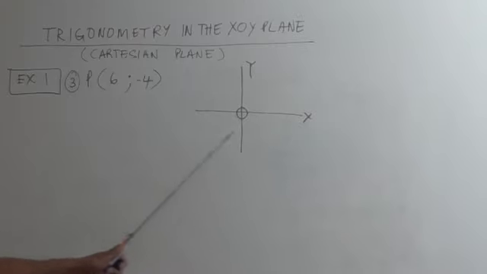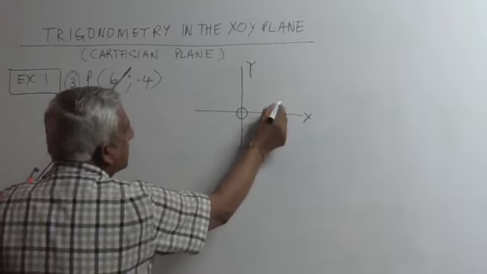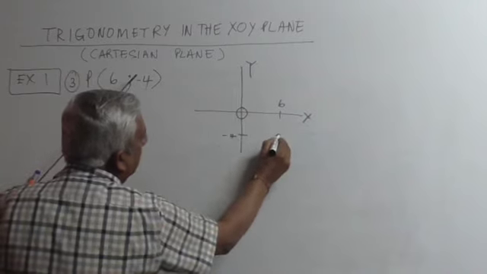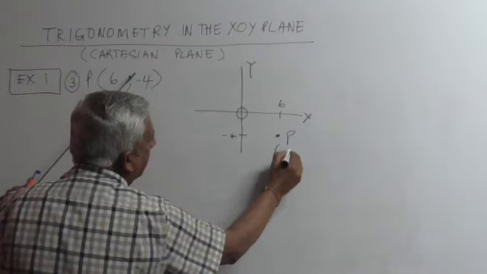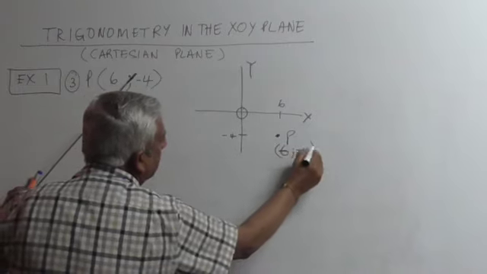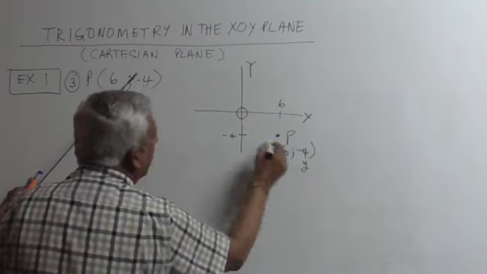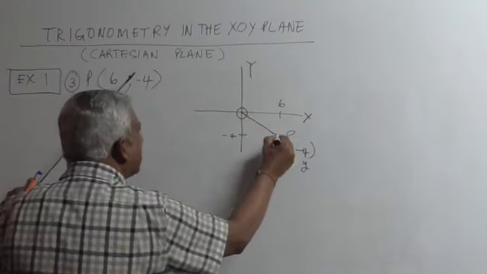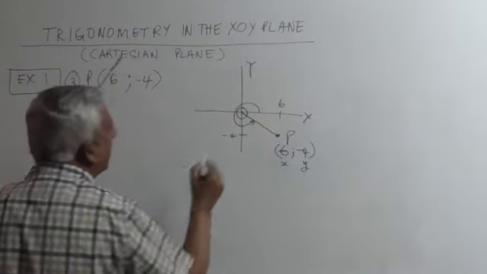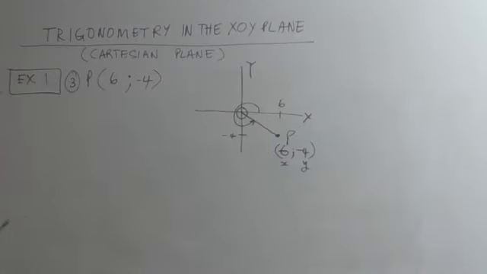So 6 is somewhere there, negative 4 is somewhere there, and P is somewhere there. That's your x, that's your y. That's P. So the angle this time is a reflex angle going right from there to there.